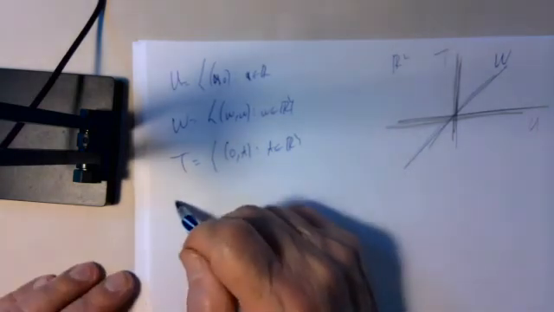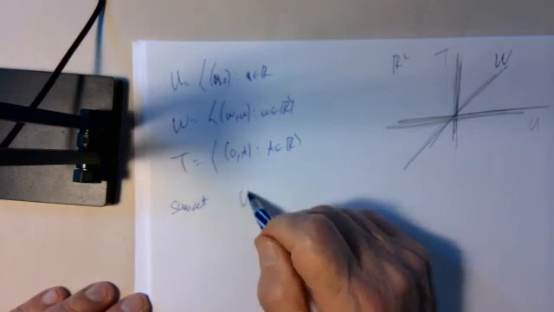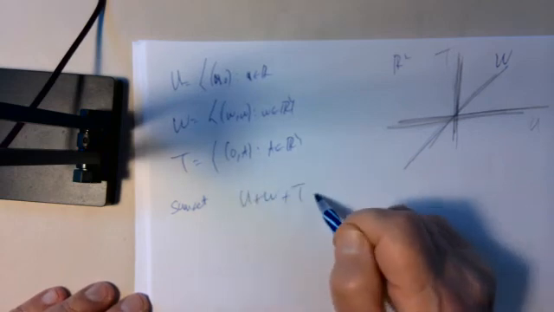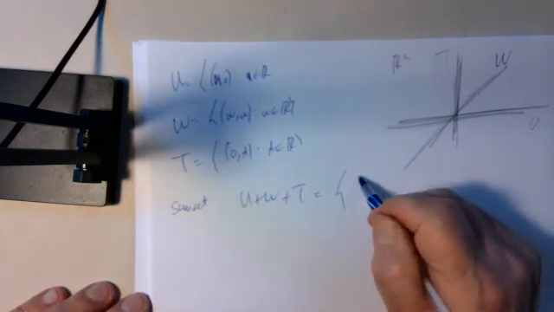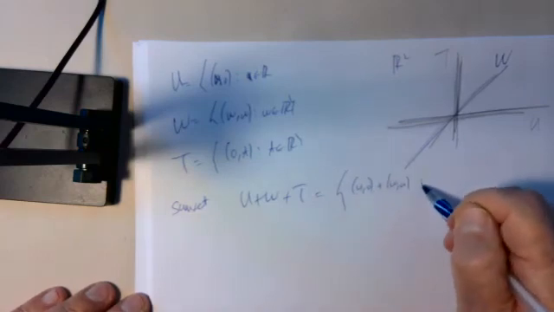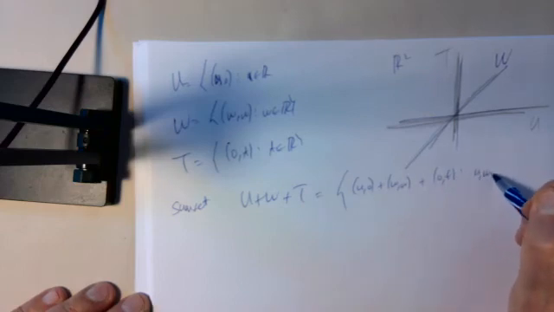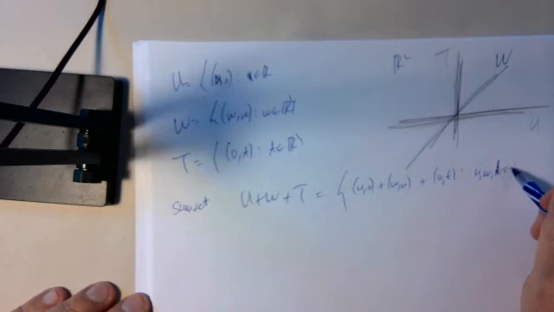And what is the sum space? I take the sum set, U plus W plus T. This is everything of the form (u, 0) plus (w, w) plus (0, t) for all real numbers u, w, and t.